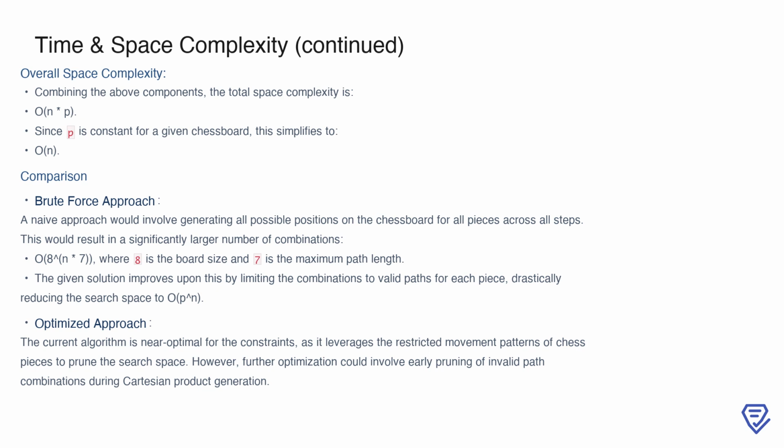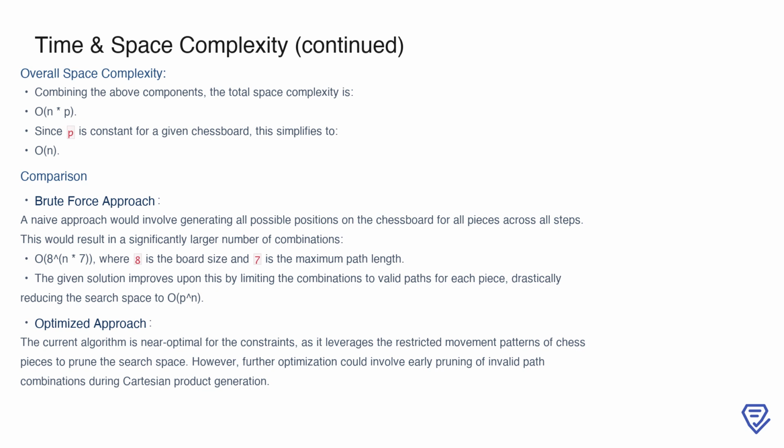Comparing this with a brute force approach highlights the optimization achieved. A naive method would involve generating all possible positions on the chessboard for all pieces across all steps, which would result in an enormous search space of O(8^(n*7)). This arises because each piece could theoretically occupy any of the 64 squares on the board over a maximum of 7 steps.